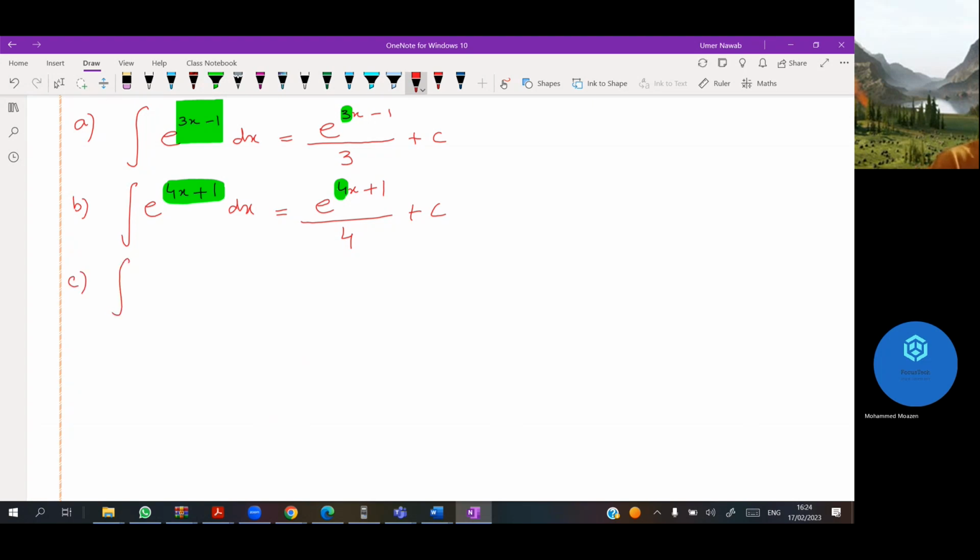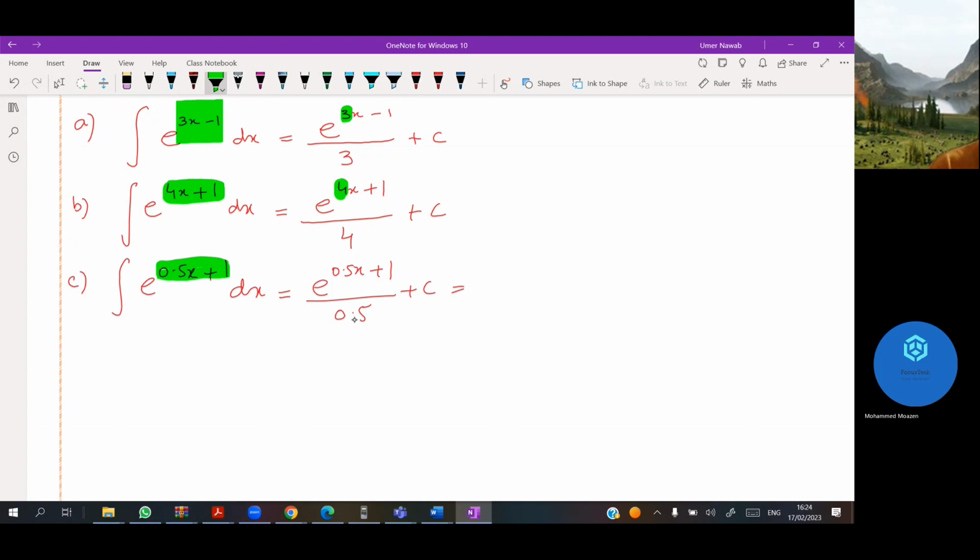The third part, C, is e raised to power 0.5x plus 1. Again, you can see we have a linear power. The coefficient is 0.5. So e raised to power 0.5x plus 1, divided by 0.5, plus c.